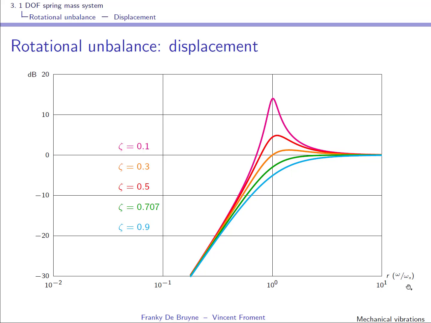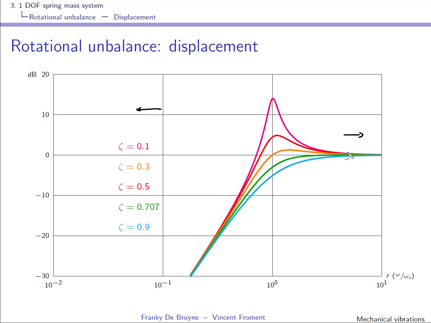Well, this is how the magnitude of the displacement looks like as a function of the normalized frequency. You see that when r is small, or the frequency is smaller than the normalized frequency, you have hardly any displacement. When omega is much larger than the natural frequency, or r is large, well, the normalized displacement tends to 1 in magnitude, and this is irrespective of the zeta.